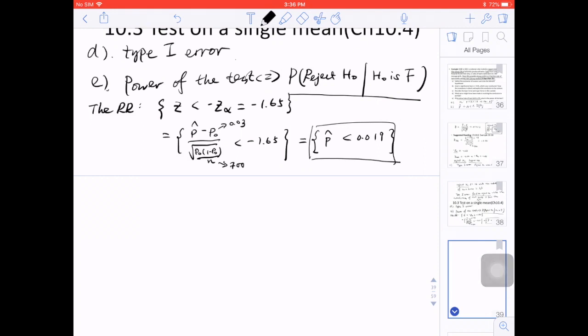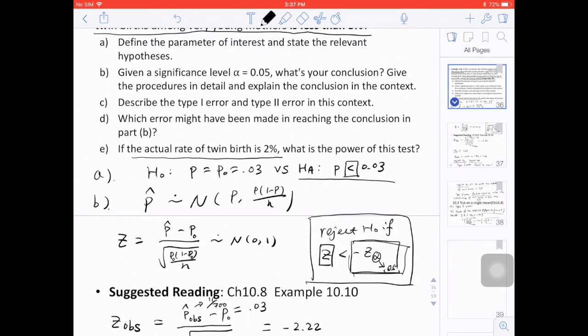Okay, so within the brackets is the rejection region. Now we have the rejection region, right? Then we can calculate the probability of rejecting the null hypothesis when the null hypothesis is false. That is the power of the test. Okay, so our null hypothesis is the rate of twin birth is 3%, but the truth is it should be 2%.